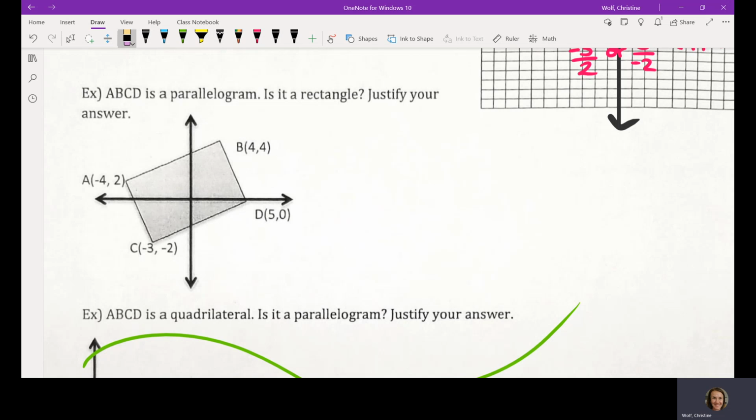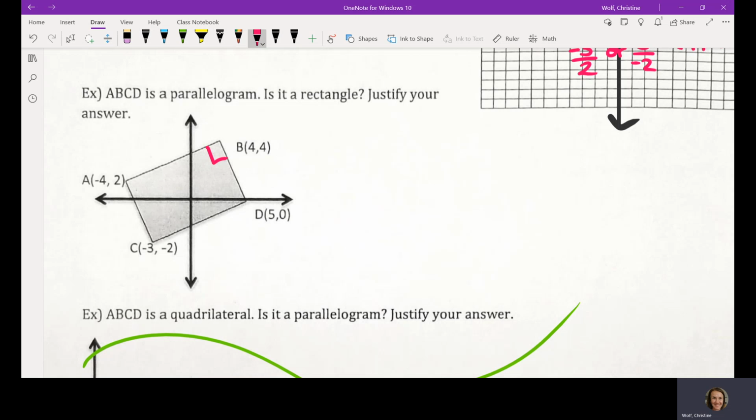For it to be a rectangle, what do we have to know? What do rectangles have that's special about their angles? Yeah. For that to be a rectangle, the corners have to be straight up, 90-degree angles.